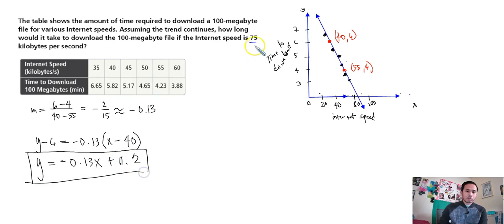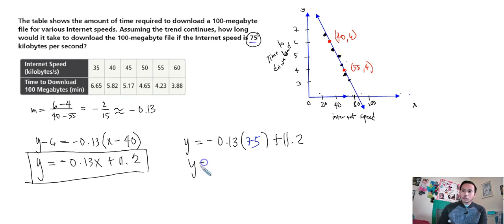Now I'm going to plug in 75 to the value of x. So I have y is equal to negative 0.13 times 75 plus 11.2. So the download here, if you use your computation, we have y is equal to 1.45.